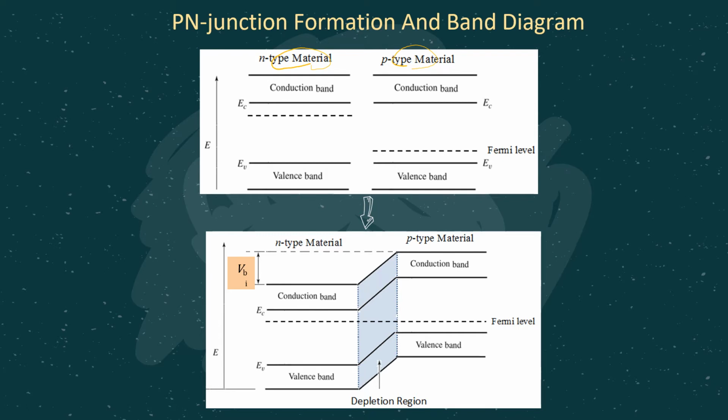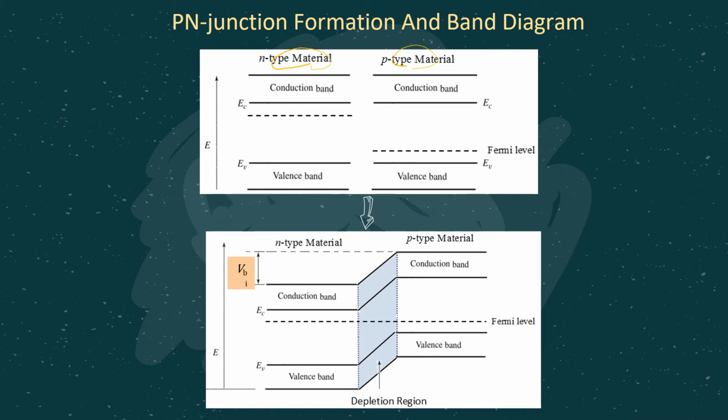The energy band for the N-type side is much lower compared to the P-type material. In that case, electrons need some amount of energy to jump from the conduction band at N-type to the conduction band at P-type.